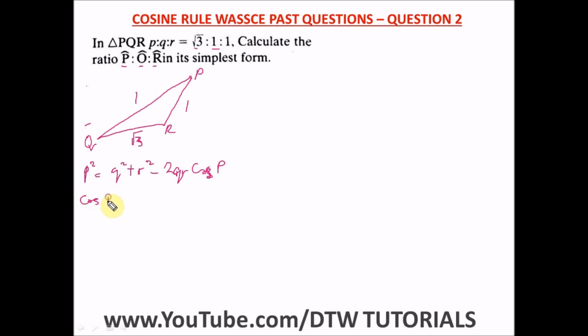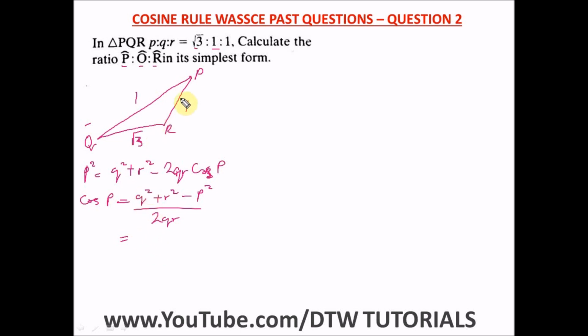So we have cos P is equal to q square plus r squared, and p is going to be negative here, minus p squared, over 2qr. It's just the same thing. Don't be confused. If you do it the way I did it some minutes back, you would get the same thing. You can always play back the video.